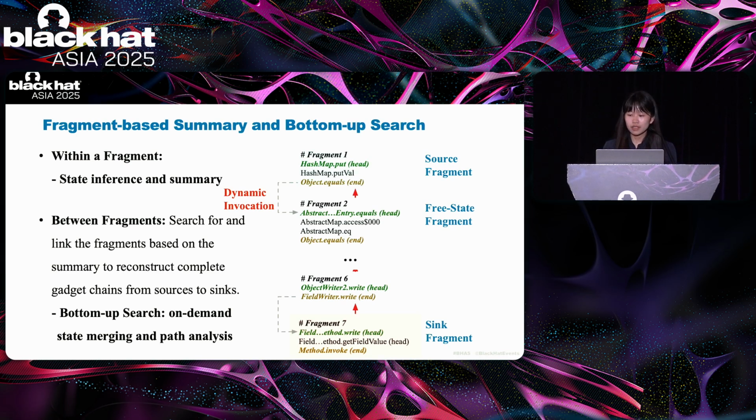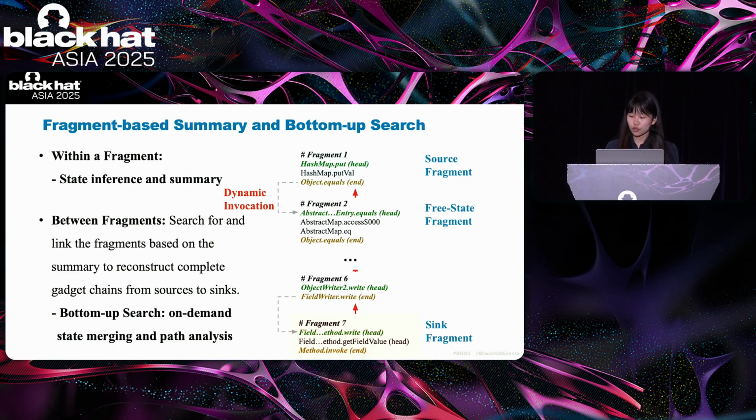And now, let's discuss an important question. Why do we need to perform fragment-based summary? As we know, one common approach to address the problem of path explosion in static analysis is to use state propagation. This method encodes the path information onto nodes rather than precisely calculating all possible execution paths, thus trading space for time.